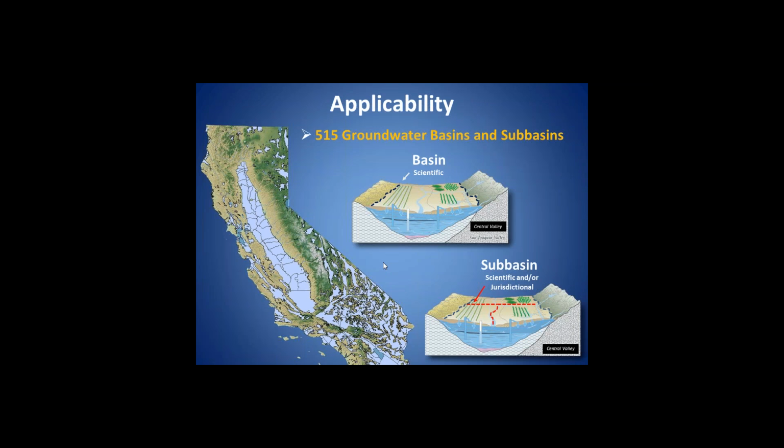So what is a basin? We've talked in general about the process, but there are existing 515 groundwater basins and sub-basins identified within California. The map on the left highlights those basins within California, and of those 515, 127 are of high or medium priority and required to comply with SGMA and submit groundwater sustainability plans by either 2020 or 2022.